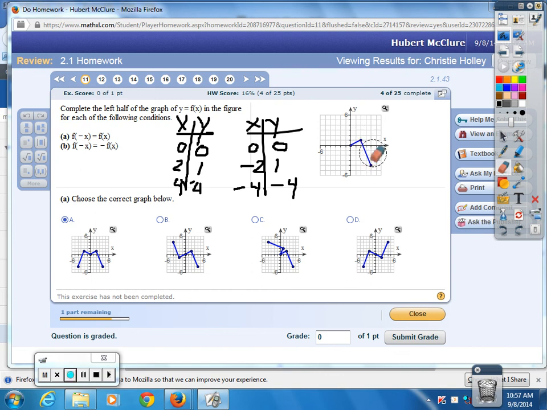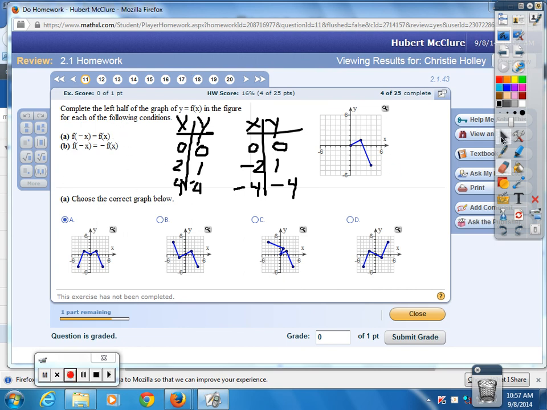But this has got a negative slope, so f of x is equal to negative x of some kind. So you've got a positive slope here and a negative slope here, two functions. But they're calling this function f of x, and they're saying, if this is f of x, what does f of negative x look like? And that's what that would be. Now, let's do the other one.